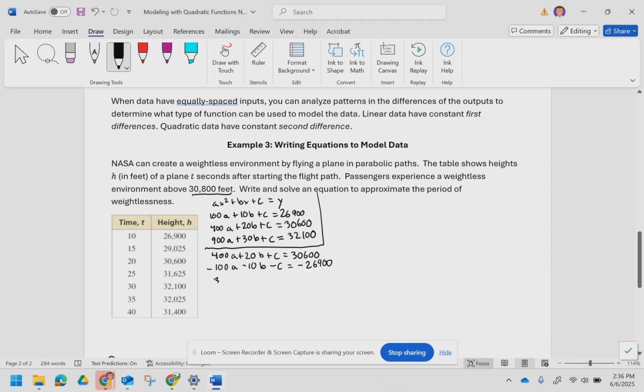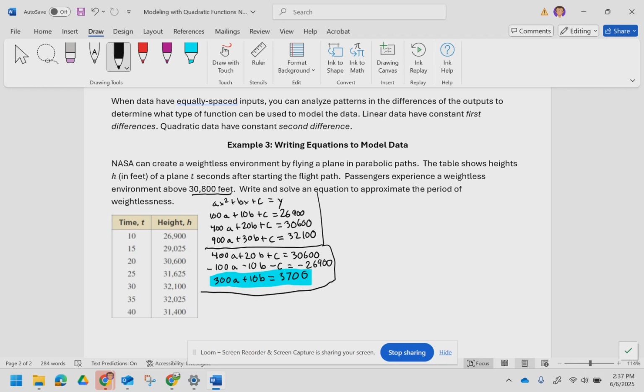Okay, so then we'll just be left with 300a plus 10b, no c, equals 3,700. Okay. So this is one to remember. So now I've got one equation with only two variables.